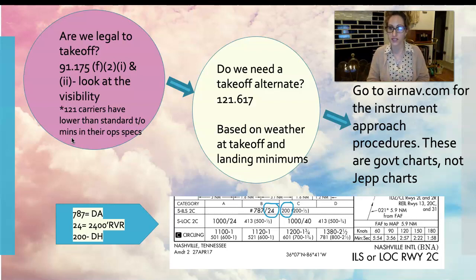So 121 carriers have what's called lower than standard takeoff minimums, and I'll let you know if we start using that in class, but to start with, let's just use the standard. But the lower than standard lets them take off as low as a quarter statute mile. And then if RVRs are reporting, they can generally take off as low as 600, some even lower than that, because we've got touchdown zone, mid RVR, and rollout RVR that can be reported.